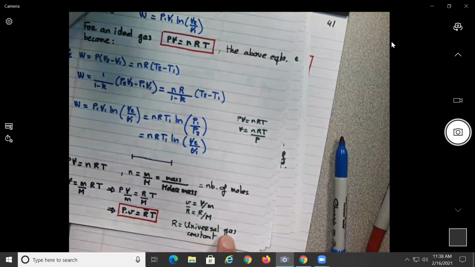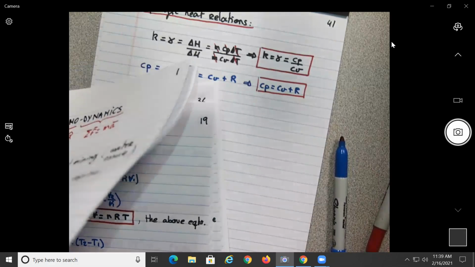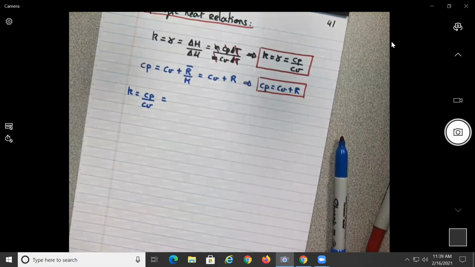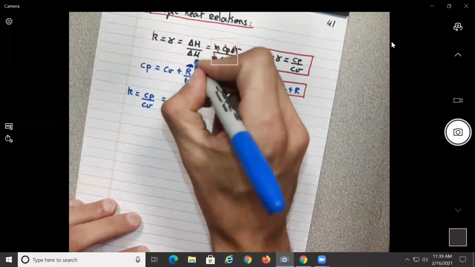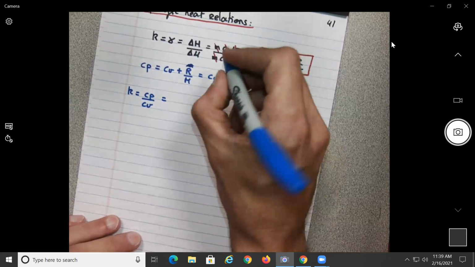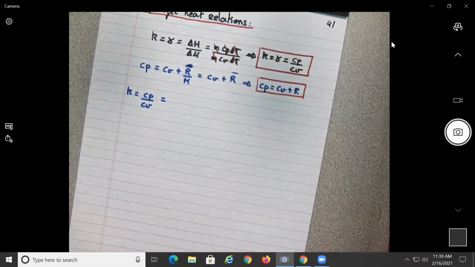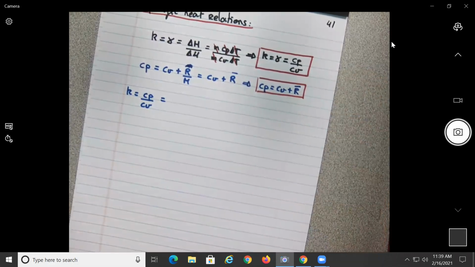Okay, no R bar. So that means maybe we need to change this over here. So this will be R, and this should be R bar, no? There we go. Thank you for that.